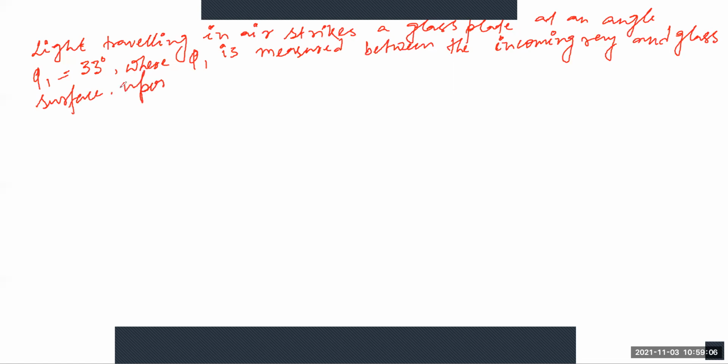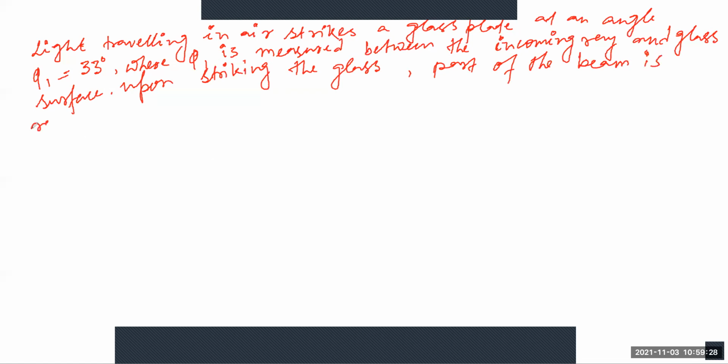Upon striking the glass, part of the beam is reflected and part is refracted.